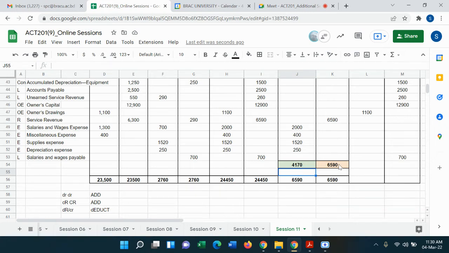Total debit is 4170. The difference between these two. If you add 2420 here, then both sides will be the same. Debit and credit will be the same.